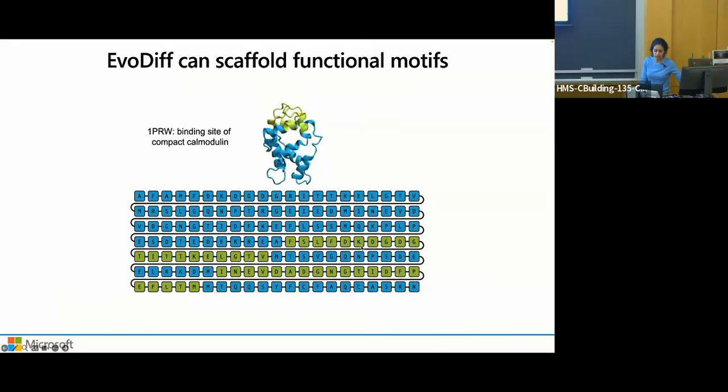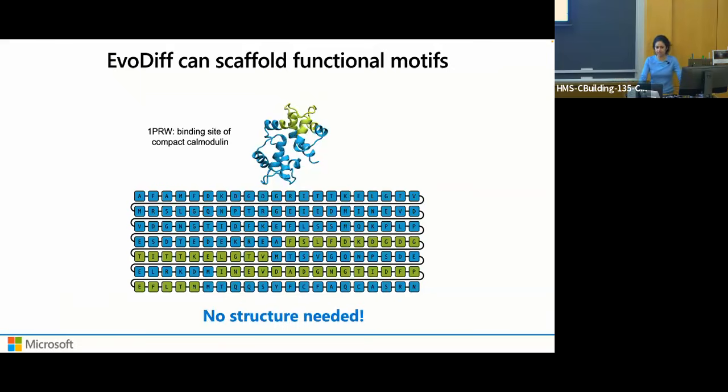And now at inference time, the model decodes only those masked portions, resulting in this generated sequence. The generation of EvoDiff is directly only in the sequence space on the bottom. The visualization of the overall structure is purely, again, a visualization. But this is the concept of leveraging the amino acid identities of that functional motif, masking the remainder of the sequence, and then leveraging EvoDiff at inference time to generate over the remainder.